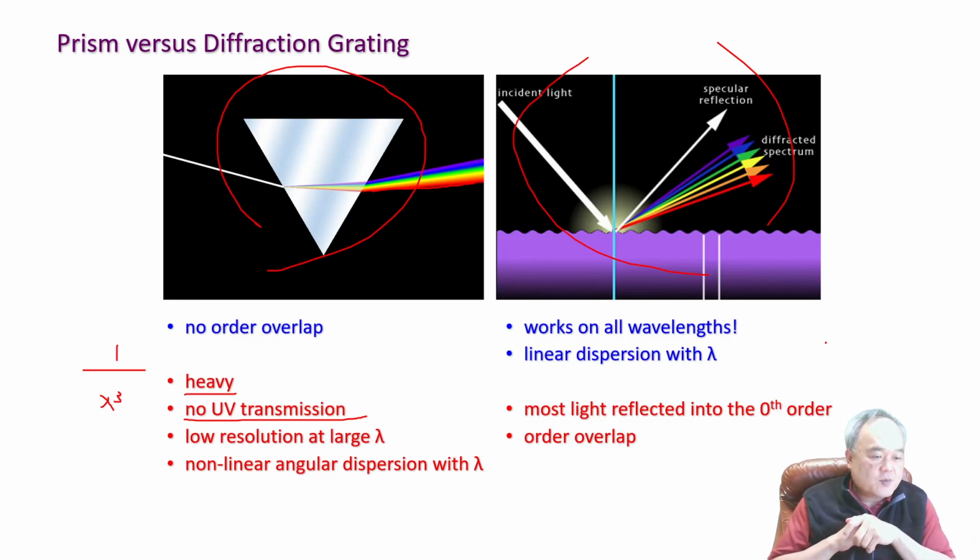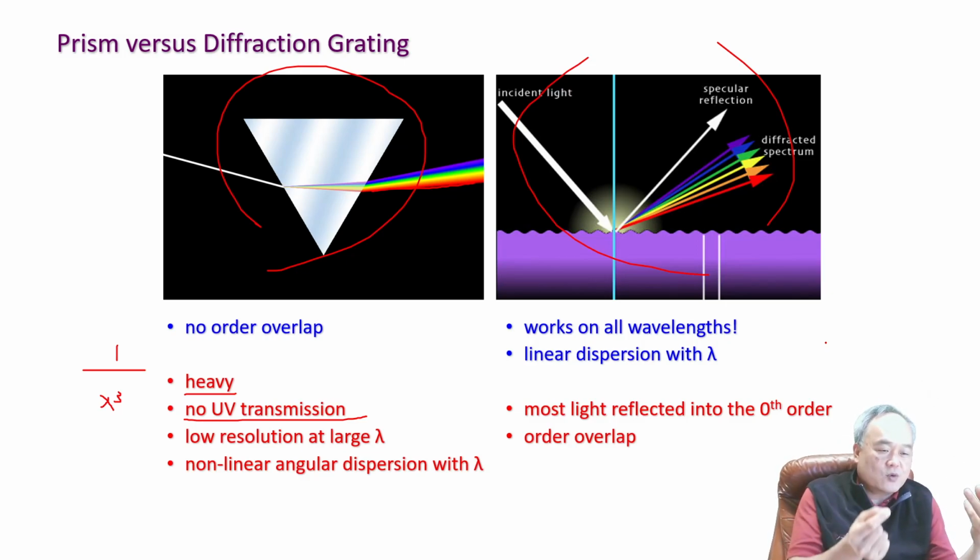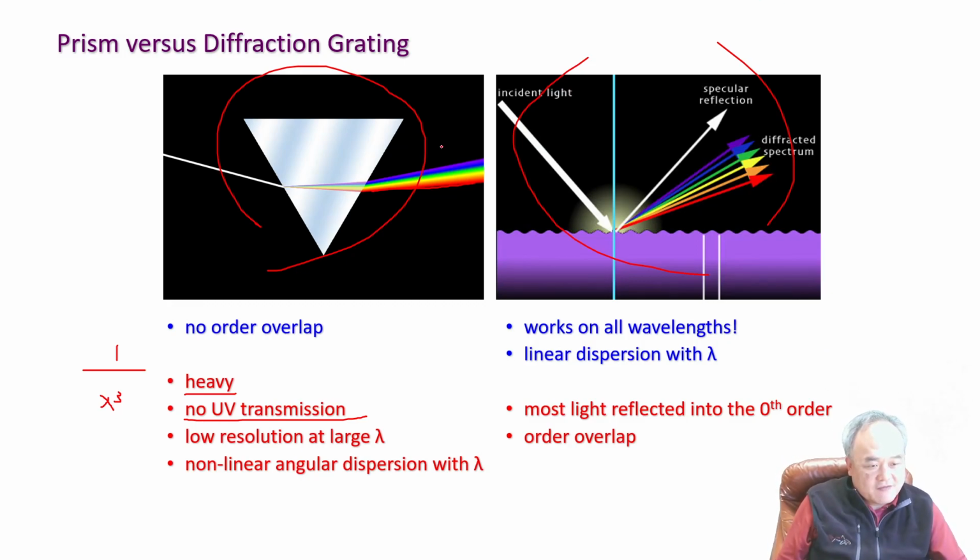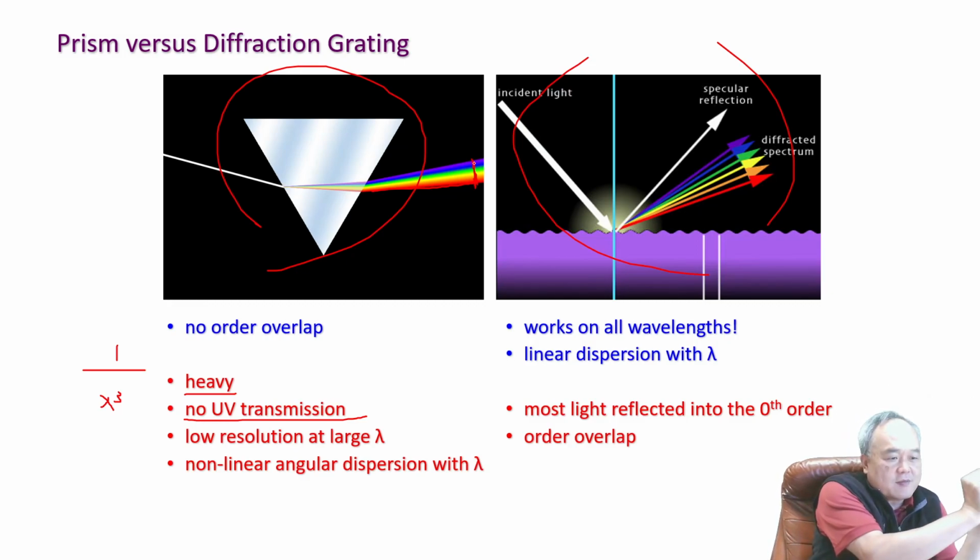The angular dispersion is linear, so the spacing between delta lambda is the same. If delta lambda is 2 angstrom, then a 2 angstrom difference in the red light domain versus the blue light domain is dispersed into the same amount of angular difference.